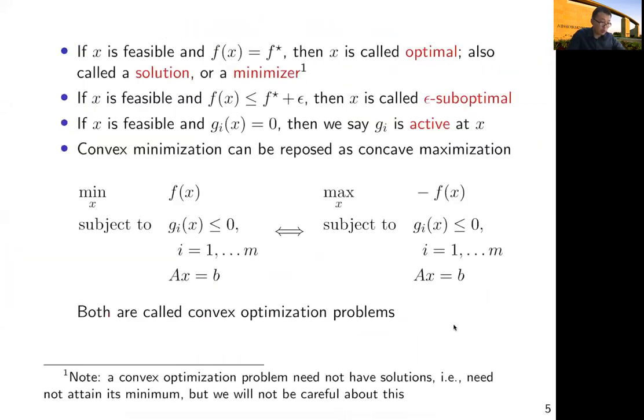We call x or x star optimal, or a solution, or a minimizer to this convex optimization problem, or to this optimization problem without worrying about whether it is convex. Implicitly it is feasible, and sometimes finding a solution that is optimal is difficult.